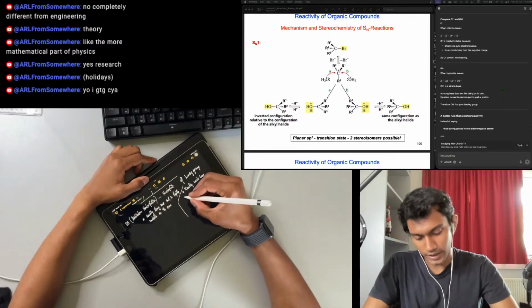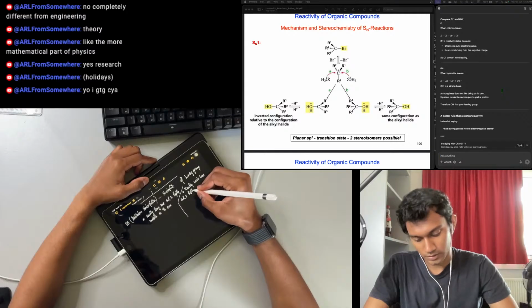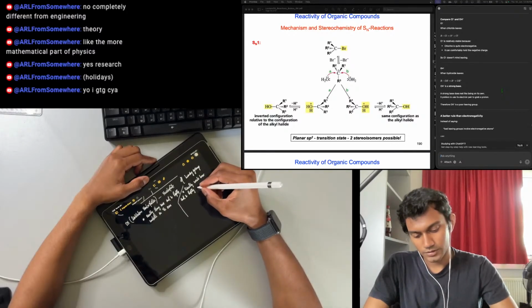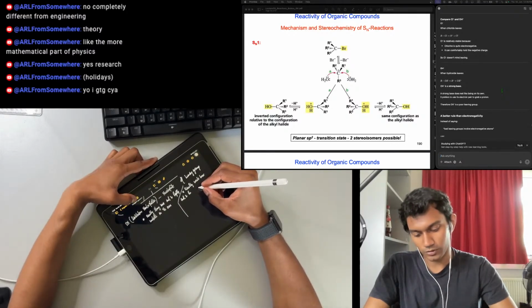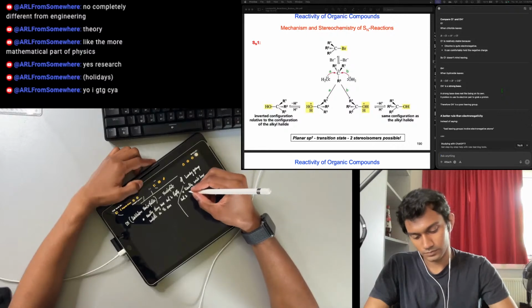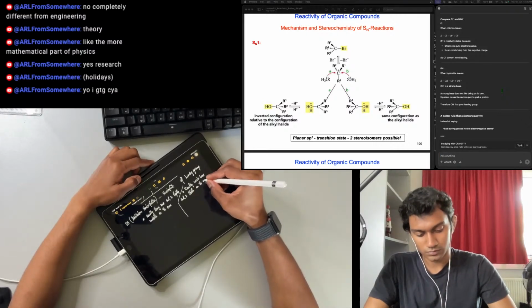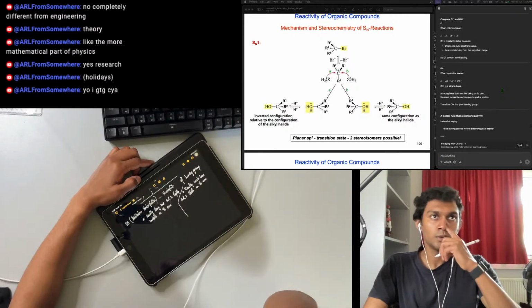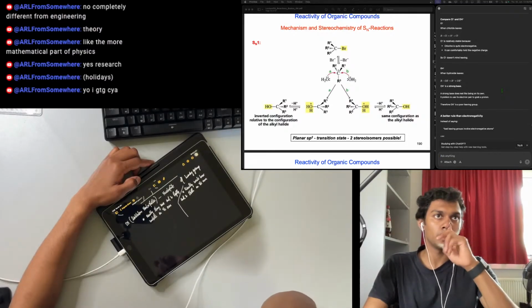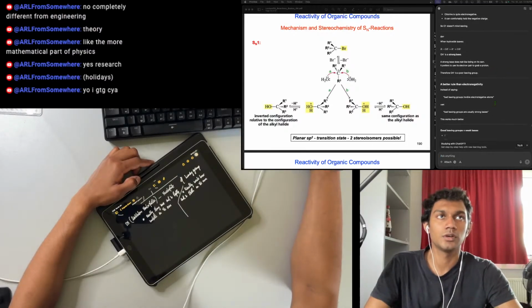Usually weak base and is stable on its own. Bad leaving groups involve electronegative atoms.